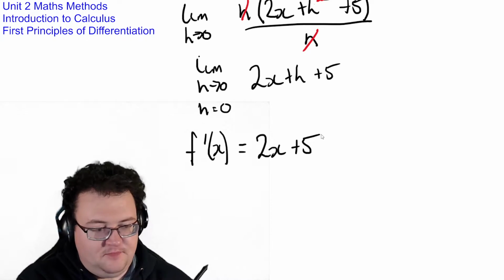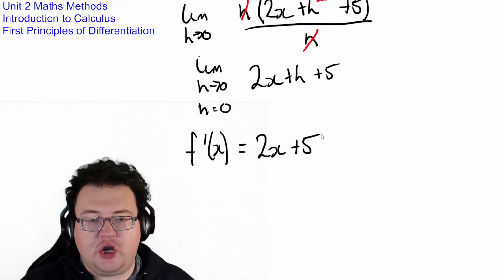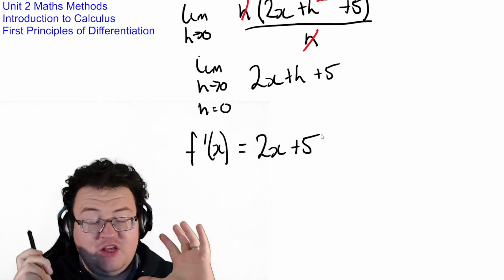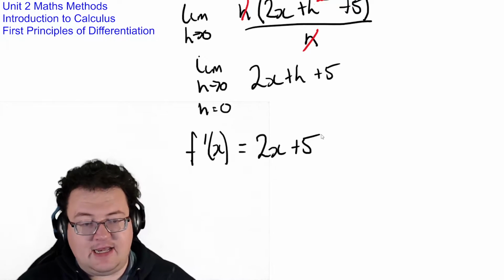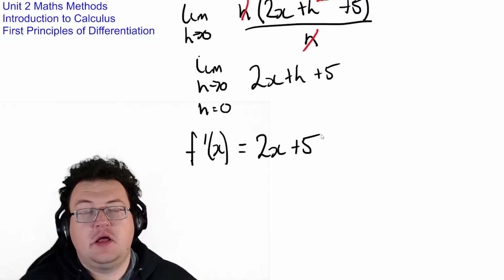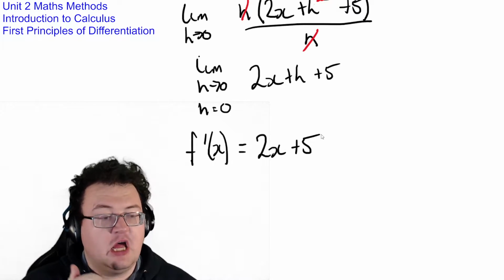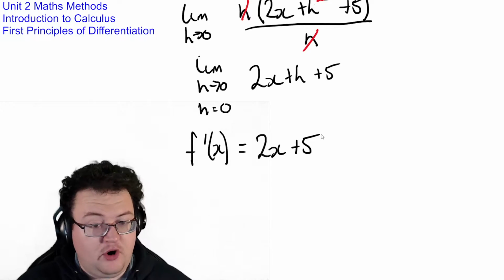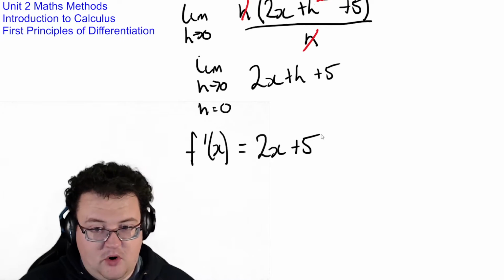So now for any point on my original statement of f of x, I have this derivative equation. And this derivative equation can be used to describe the gradient at any point along that line. The turning point happens to be an interesting point because the gradient at a turning point or an inflection point on a cubic is always 0.